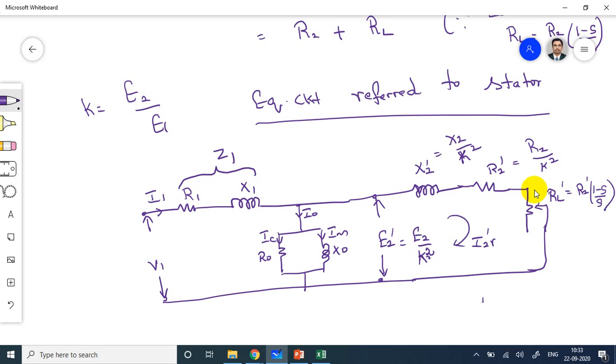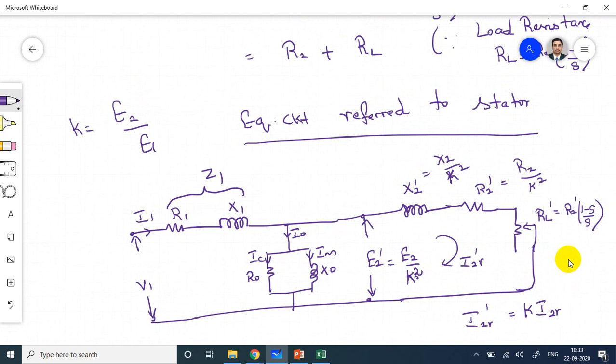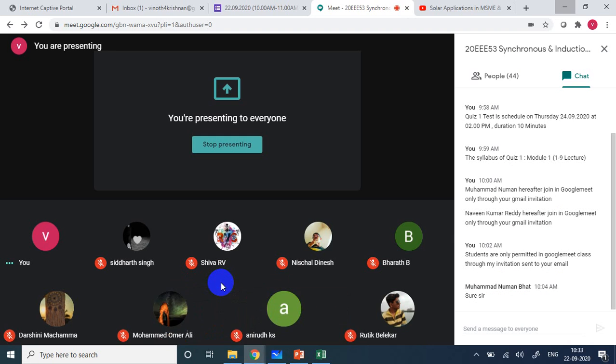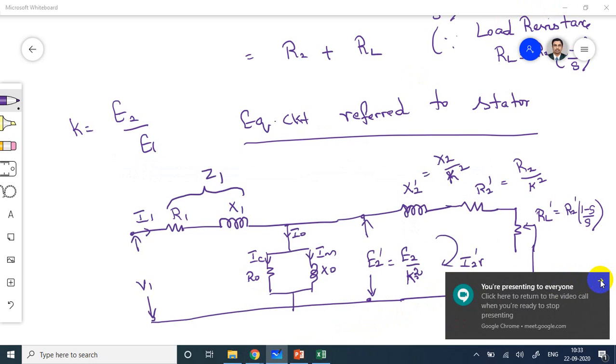The formula is I2R dash is equal to K into I2R. Do you have any doubts, students?